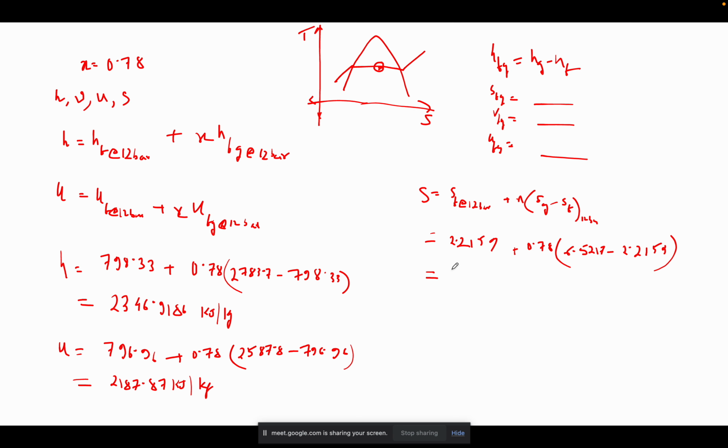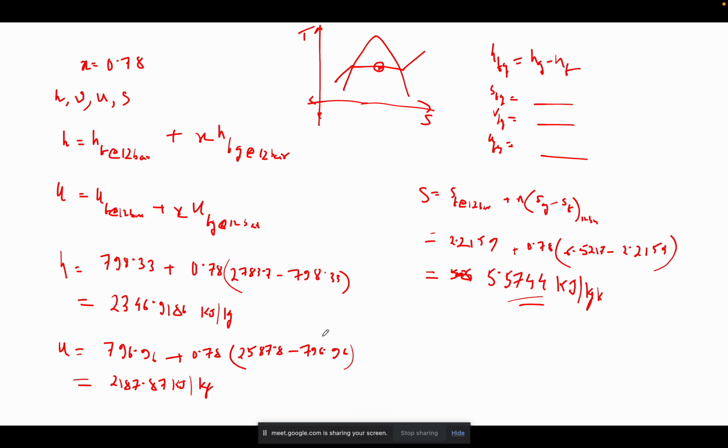So you will get here 5.5744 kilojoule per kg Kelvin.